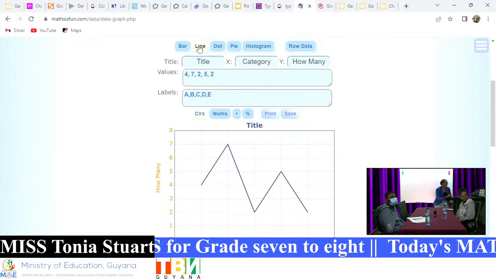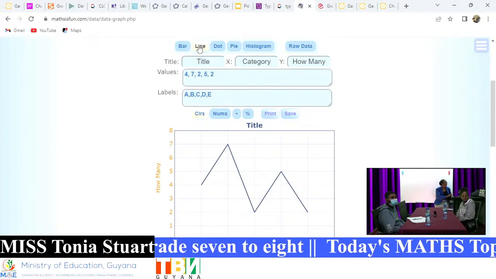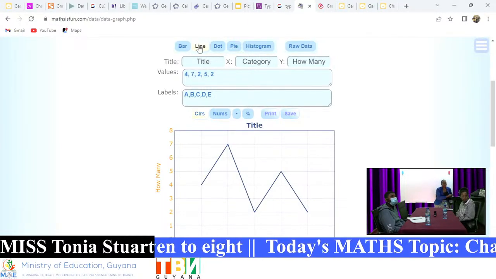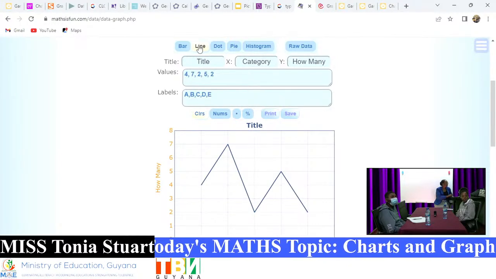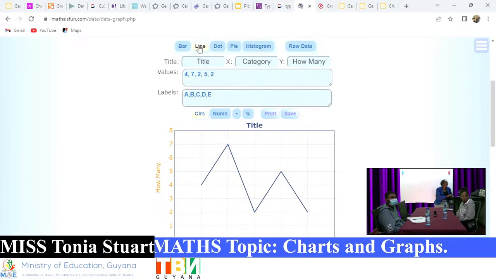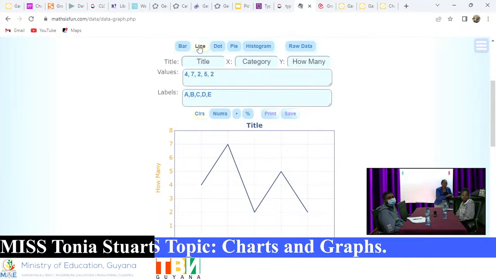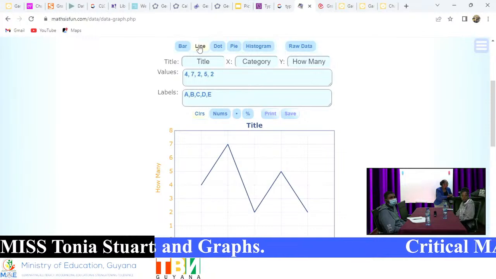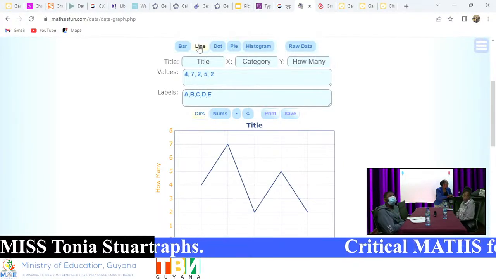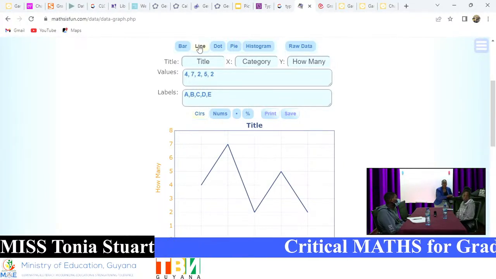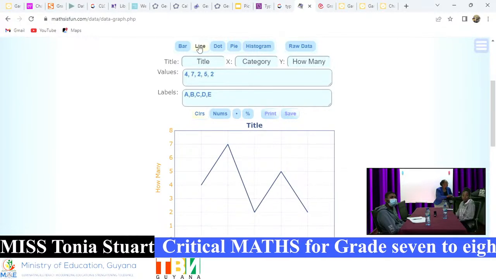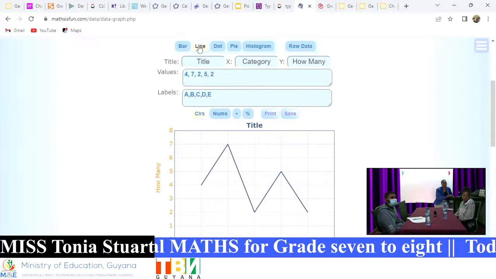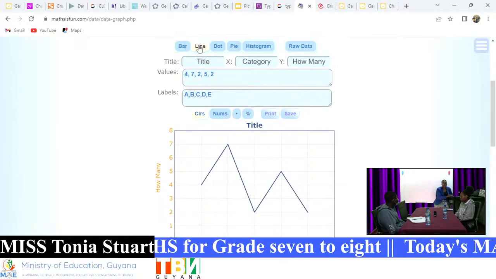So here we have a line chart, or a line graph. I should say line graph, whereby we were looking at the same information that we had before, but we can do it by saying days of the week, and the number of students present in a particular class.